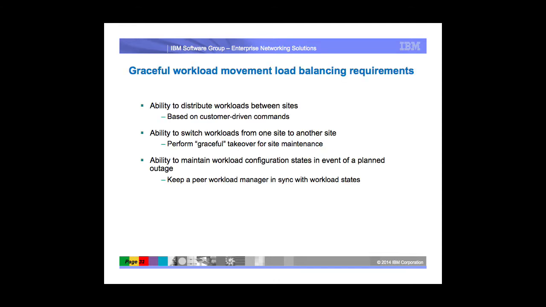So when doing a Sysplex or application-wide upgrade, the requirements for Lifeline, in order to help with that, are to distribute the workload between the sites based on customer-driven commands, switch workloads from one site to another site, and maintain workload configuration states in the event of a planned outage.